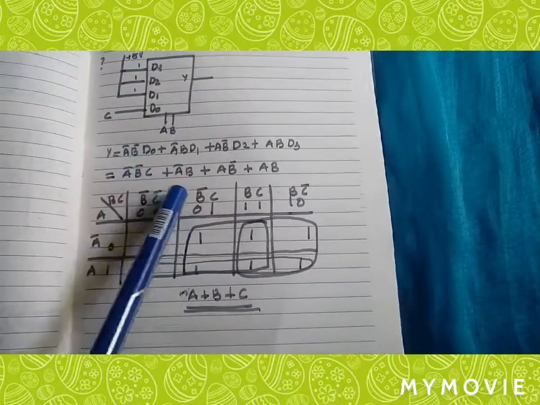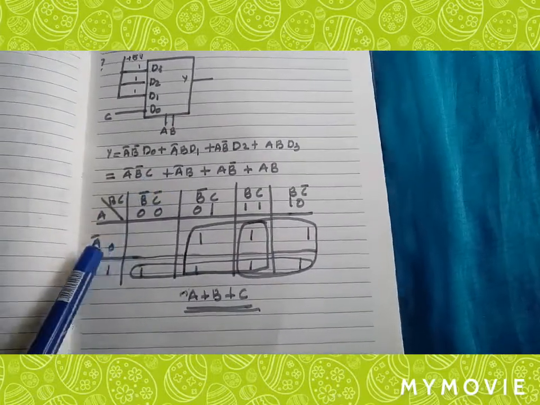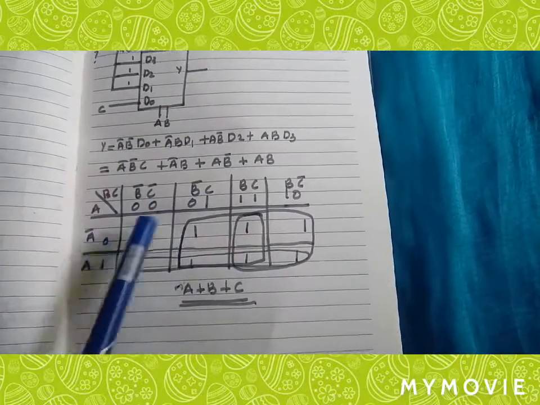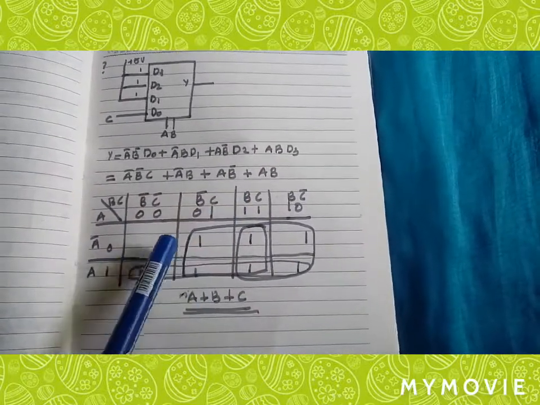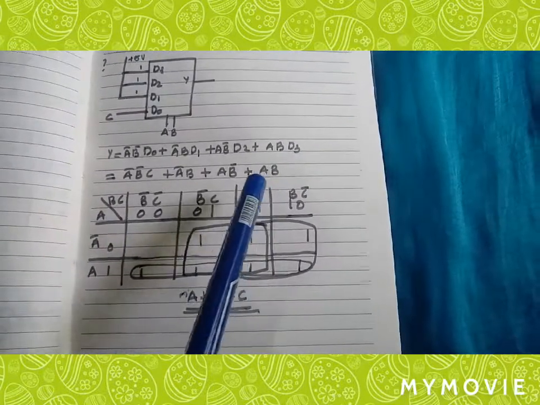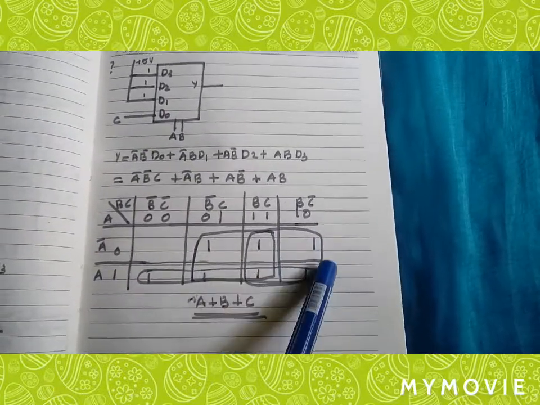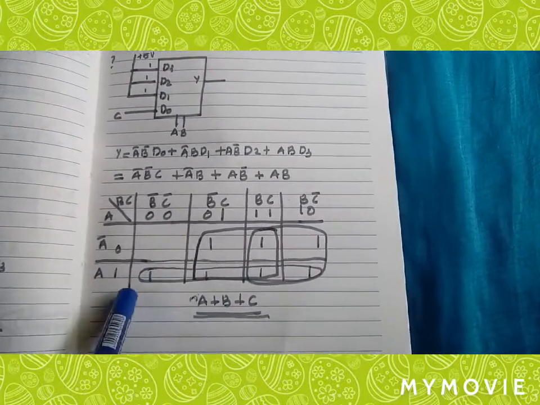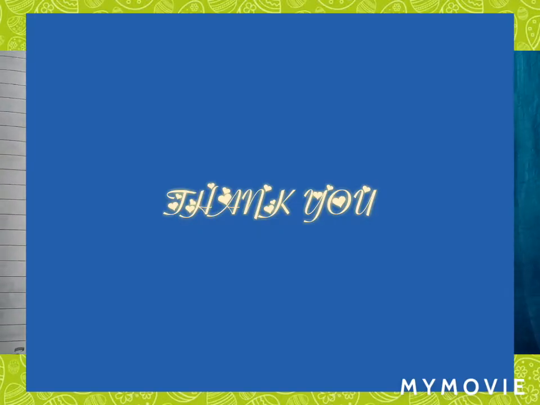Here A bar B bar C is present here, and here A bar B, we can represent ones in A bar B. So A bar B is present here and here also, so 1 1, and A B bar is present here, so A B bar plus 1 1, and A B is present here and also here. So we can minimize by this quad, this quad, and here also a quad. So A plus B plus C. So this is the answer for this multiplexer.